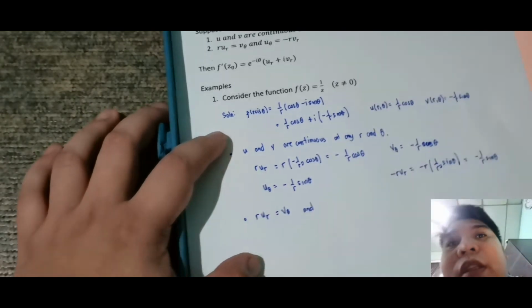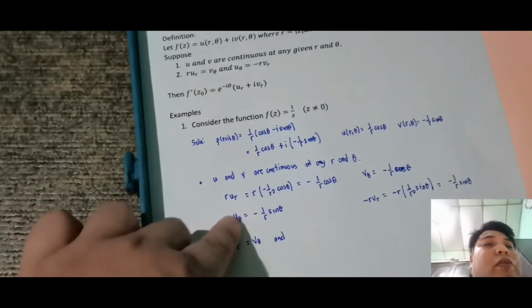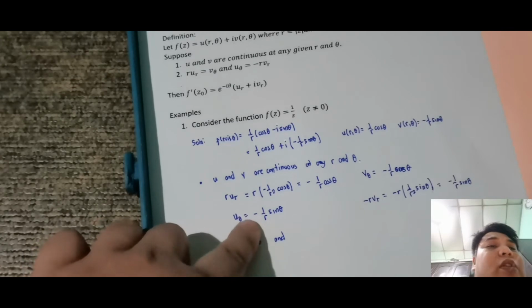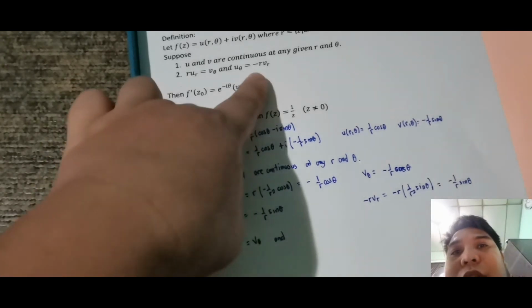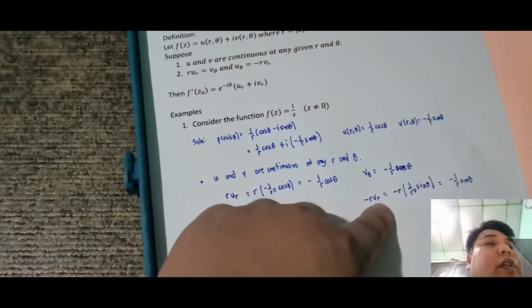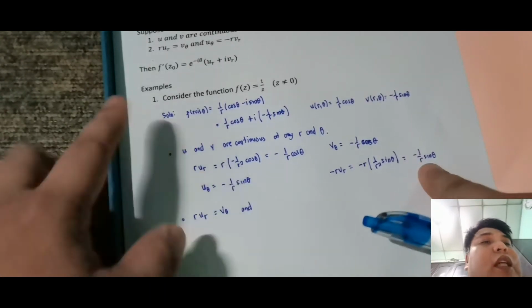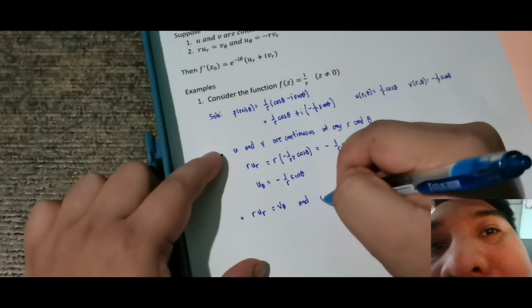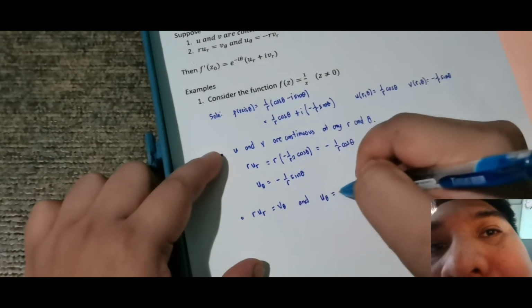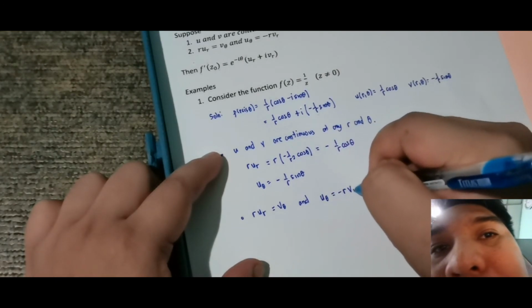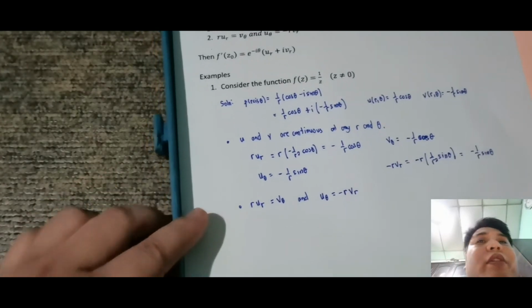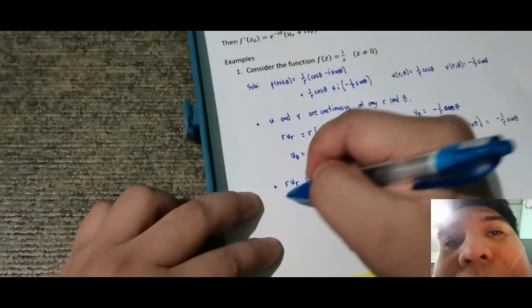And si partial of u with respect sa theta, which is negative 1 over r sine theta, equal ba dito sa negative r partial of v with respect sa r? Okay, so check ha. Negative 1 over r sine theta, equal sila. So this is partial of u with respect sa theta is equal sa negative r partial of v with respect sa r. Okay, so therefore by Cauchy-Riemann equation ulit.